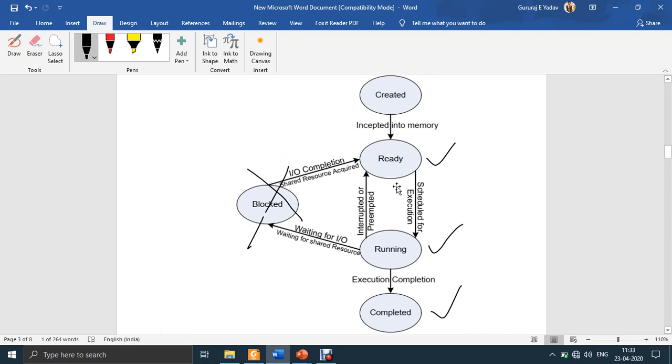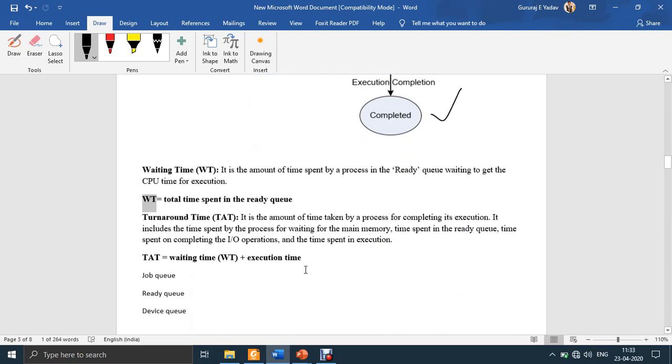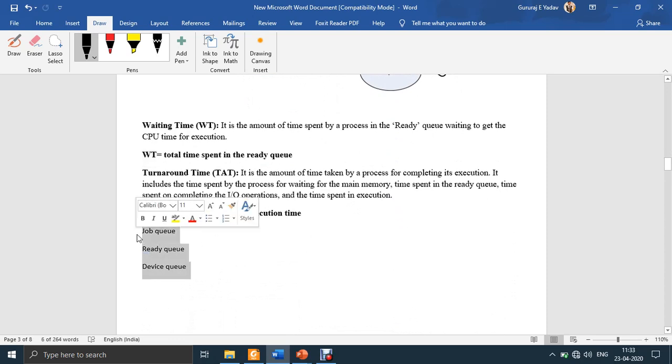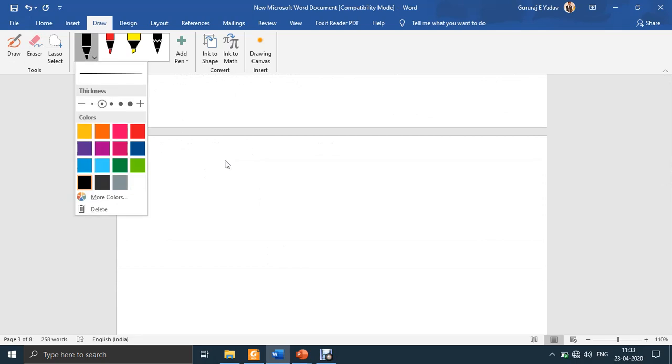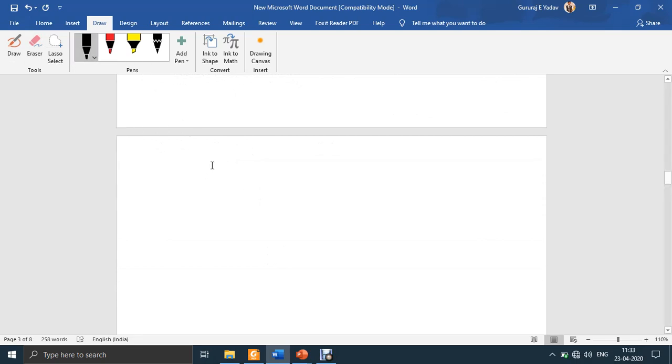Ready queue and running, that's all. So there will be a queue like this. What is this queue? This is the ready queue, so I'll write ready queue.